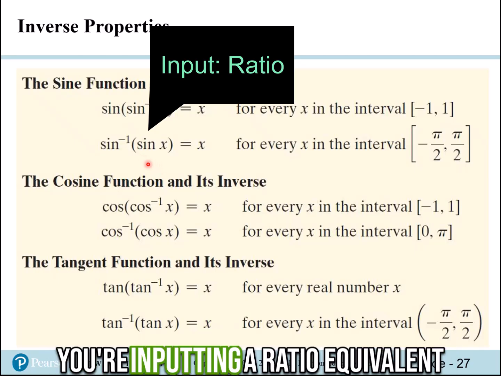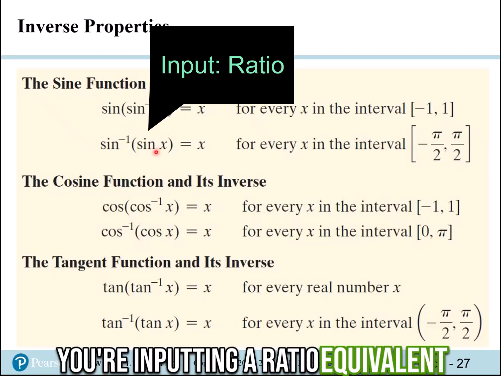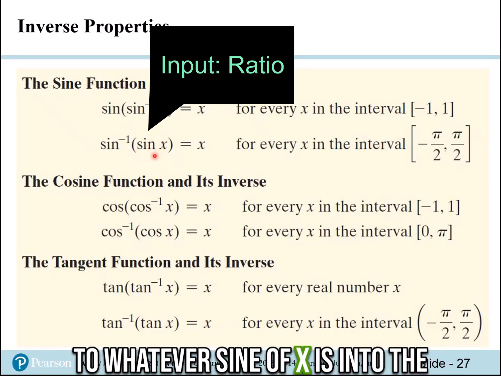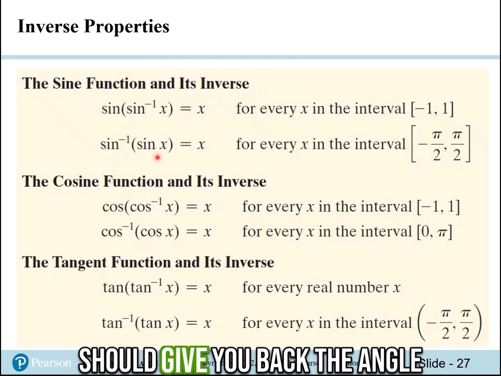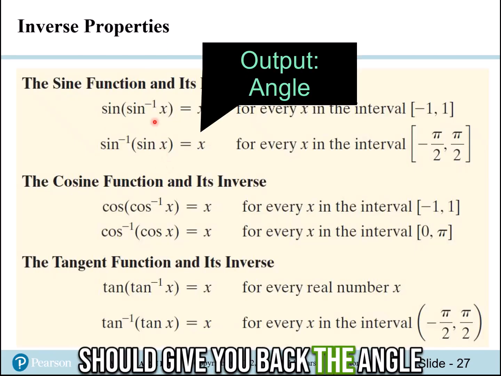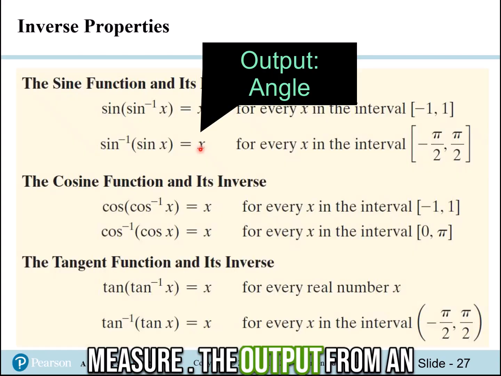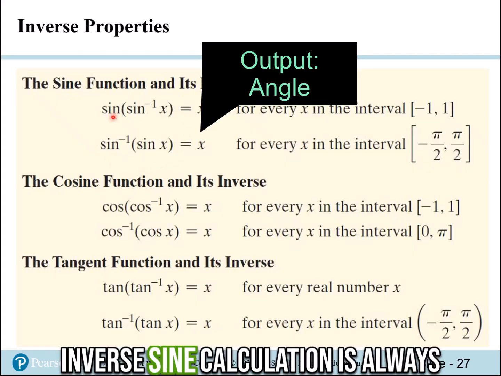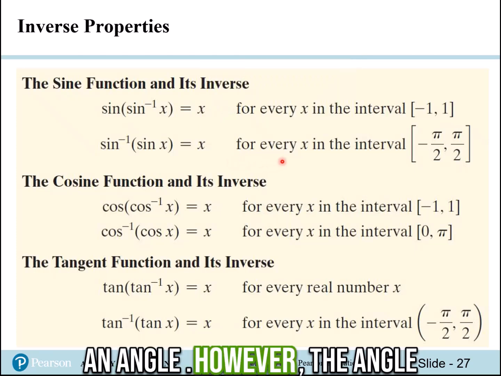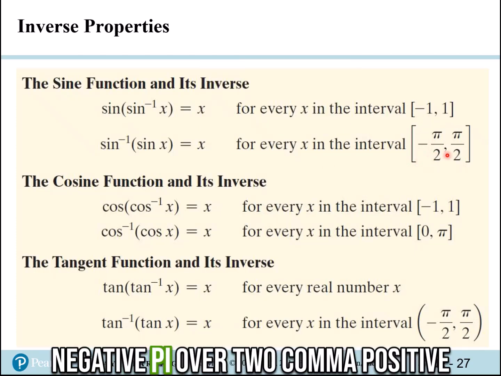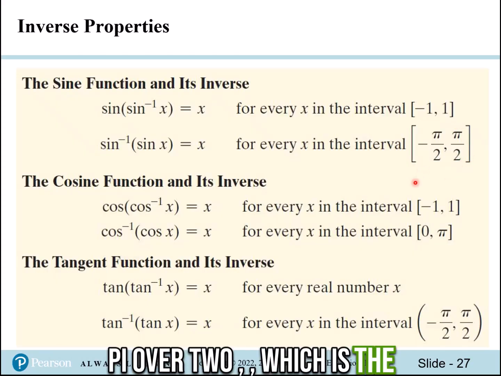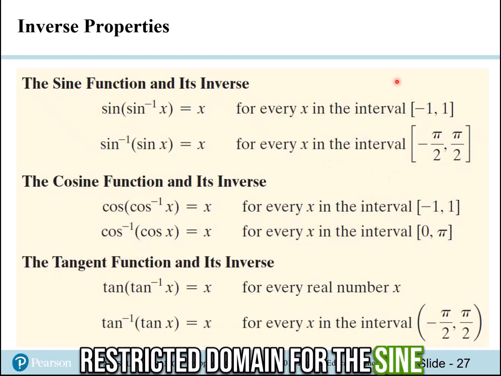So you're inputting a ratio equivalent to whatever sine of x is into the inverse sine function, and that should give you back the angle measure. The output from an inverse sine calculation is always an angle. However, the angle measure should be a value between -π/2 and +π/2, which is the restricted domain for the sine function.